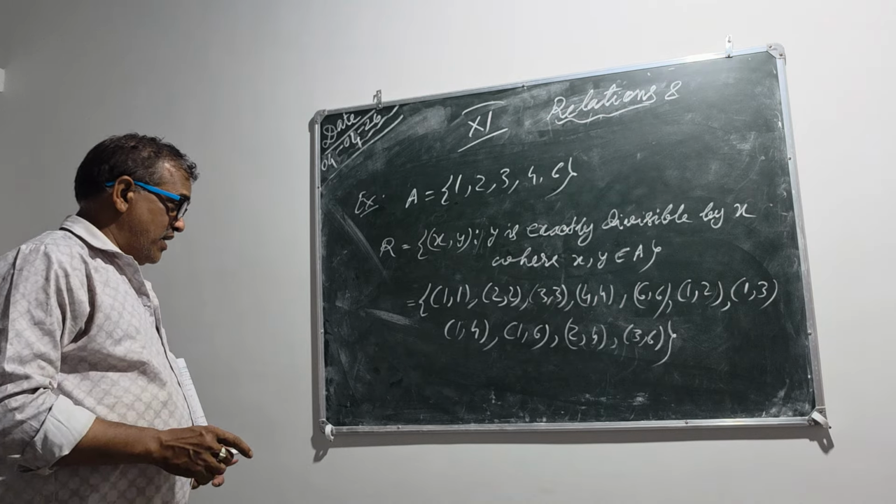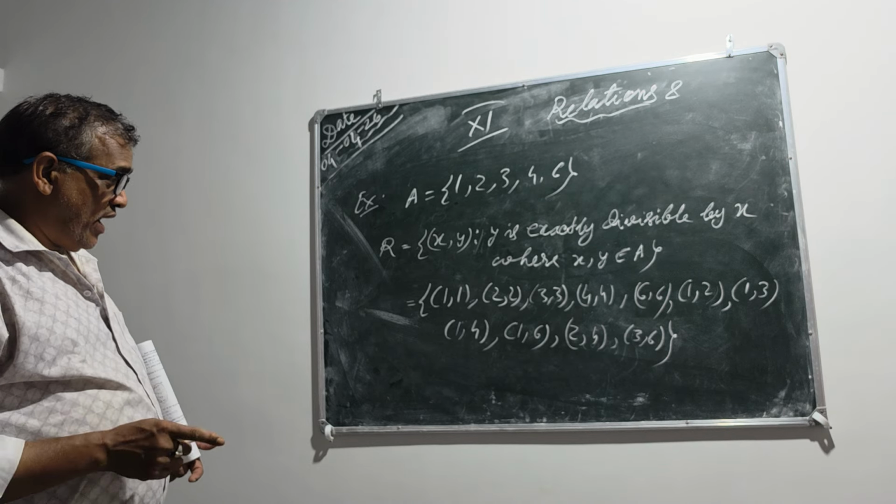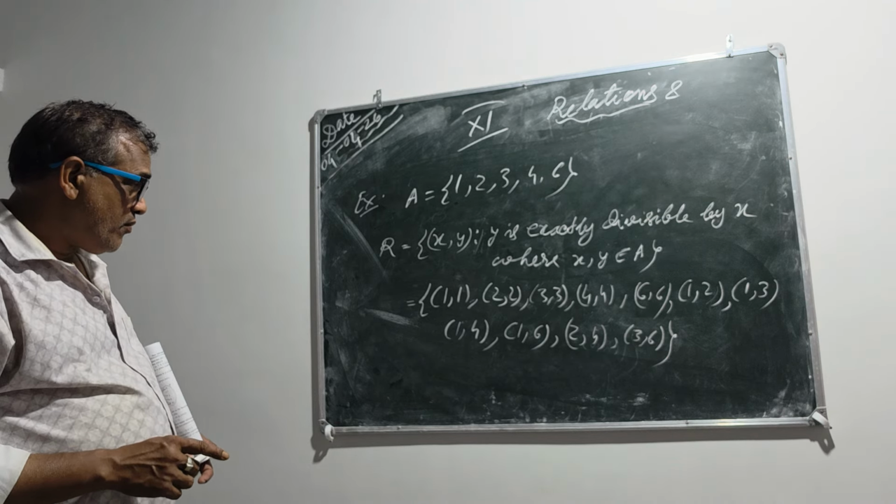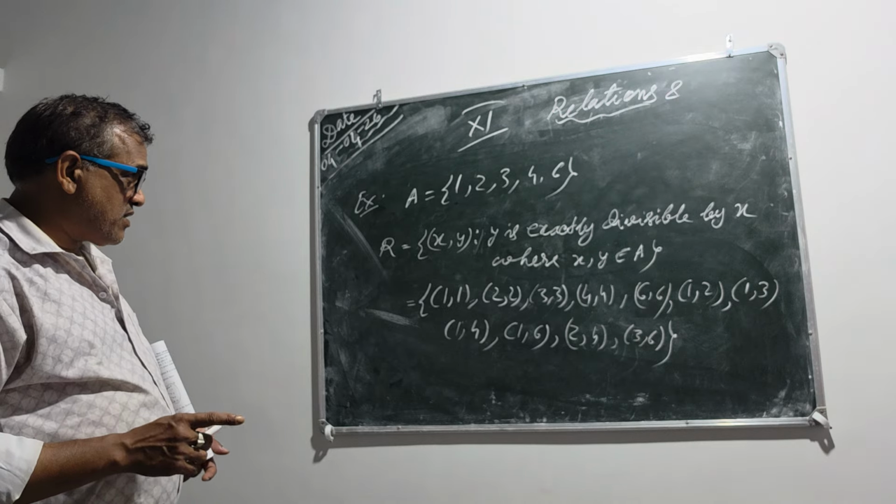So here in this case, the second one is y, the first one is x. So y is exactly divisible by x.